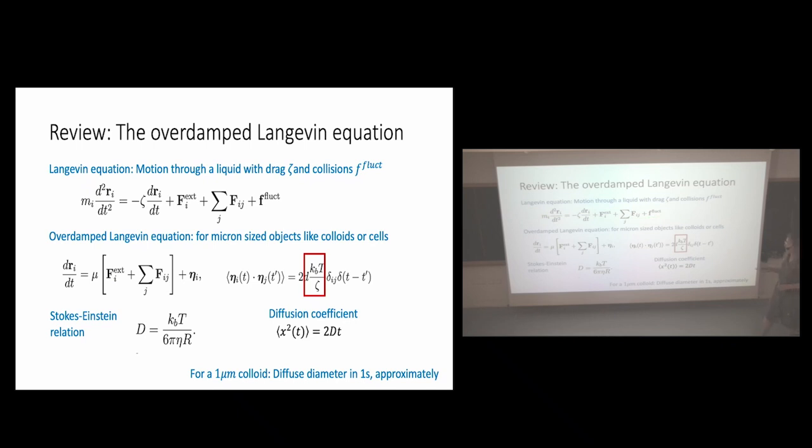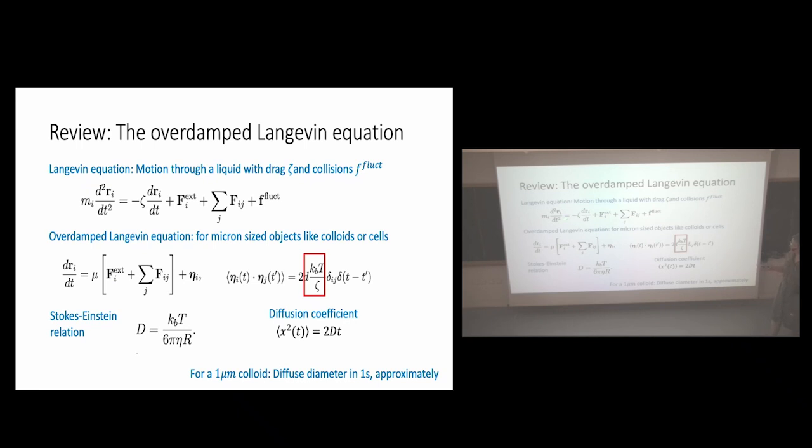And the forces I encounter are dissipation forces with the surrounding fluid or substrate, minus zeta dr/dt. I could encounter external forces, where we put self-propulsion or gravity or something like this. I could have forces with other particles, which I'll write down as pair forces, and I'm going to have fluctuating forces due to thermal noise.